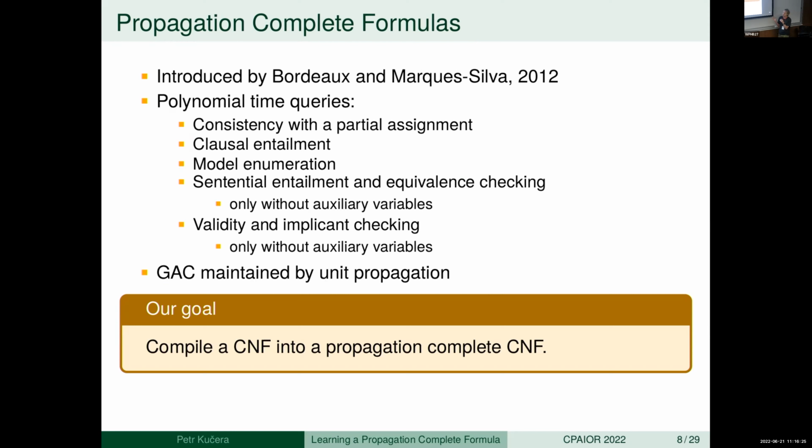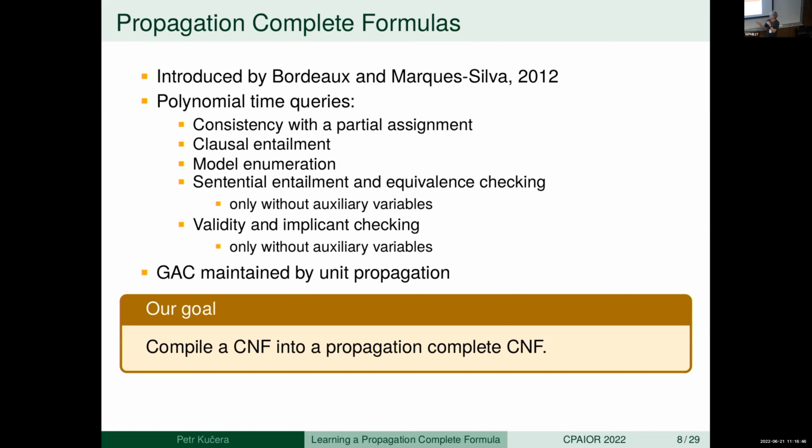These can be done by unit propagation. If we don't have any auxiliary variables, then we can also answer sentential entailment, validity, and implicant checking. But usually, if we, for example, use the formula to encode some constraint, then we usually use auxiliary variables, and we don't have these properties.